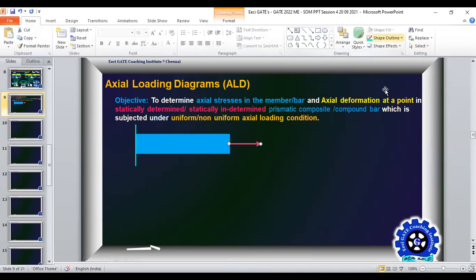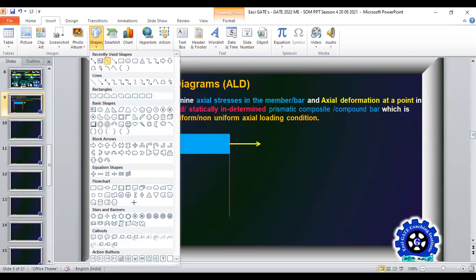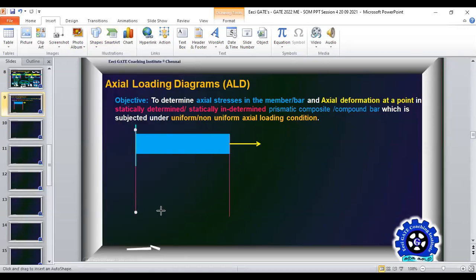One diagram is enough, then you can happily understand the things. Now here it will come down. After that, next we need to draw one line here to draw the axial loading diagram.